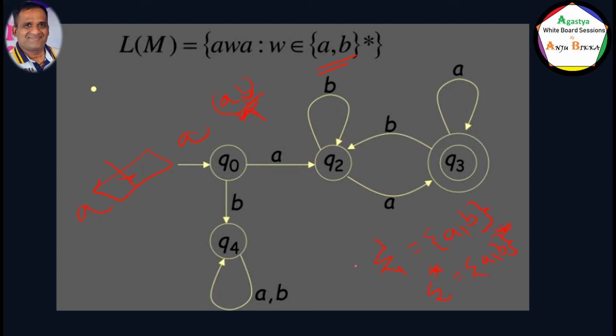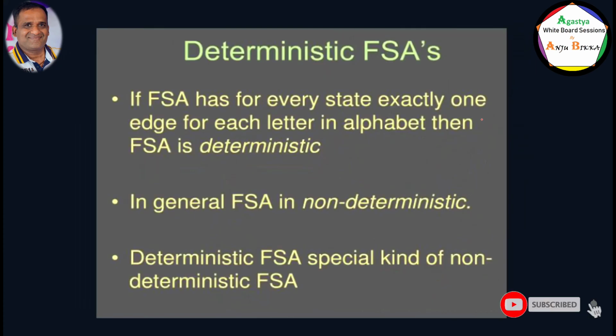Sigma is the input alphabet AB. Sigma star is the set of all strings over the input sigma. AB whole star means the set of all strings over the input AB. So this accepts the set of all strings over AB that start and end with A. If it starts and ends with A, it is accepted. In all other cases, strings are rejected.